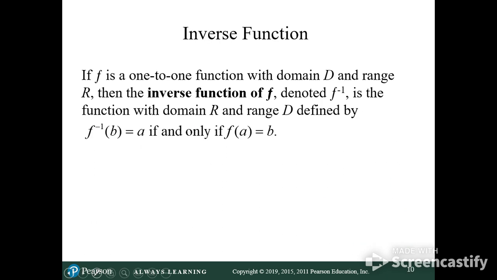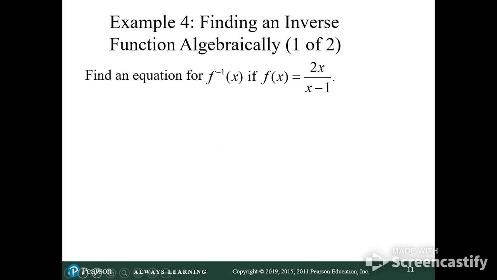So for an inverse function, we say f of negative 1 when we're finding inverse functions. If we have a function that can have an inverse, then its inverse is f of negative 1. We will show you that on the next slide. So how do we find the inverse for this function? Well, f of x is really just like y, correct? So in other words, I'm saying y equals 2x over x minus 1.